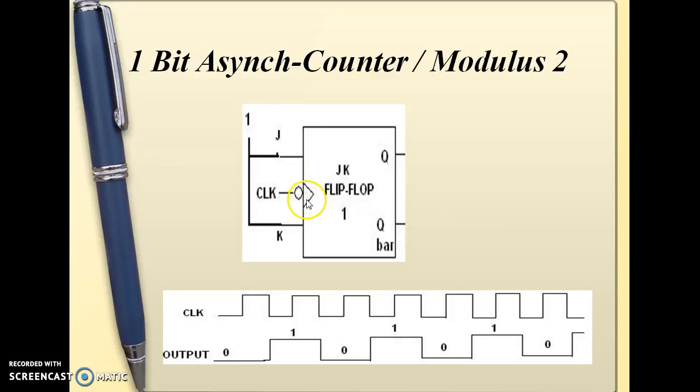This is a negative edge triggered flip-flop, so whenever the clock input hits a negative edge, the corresponding output will toggle like this. So here, when the first clock hits the negative edge, the output will toggle from 0 to 1. For the second pulse, the output will toggle from 1 to 0 like this.